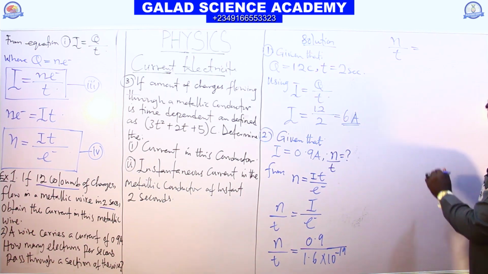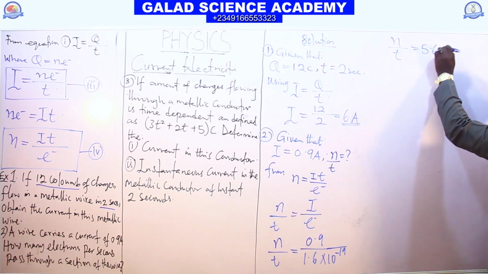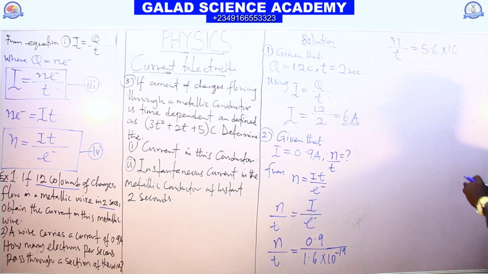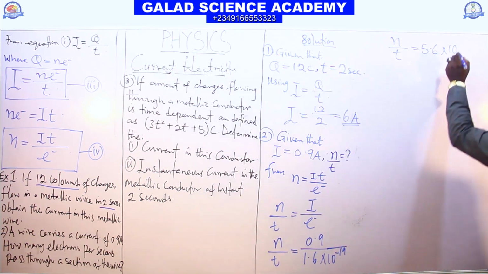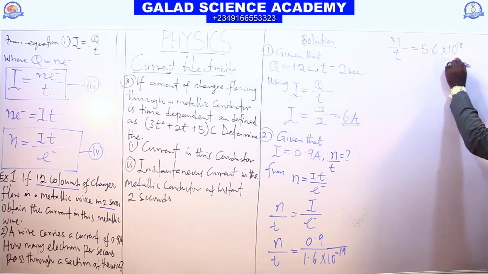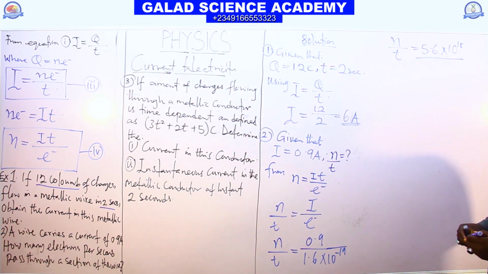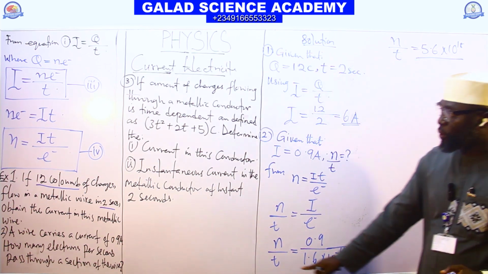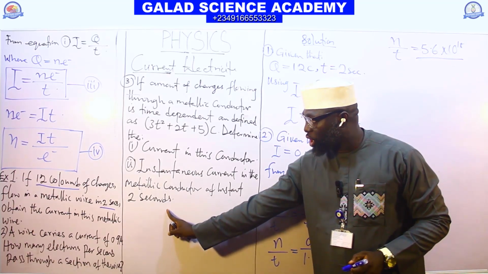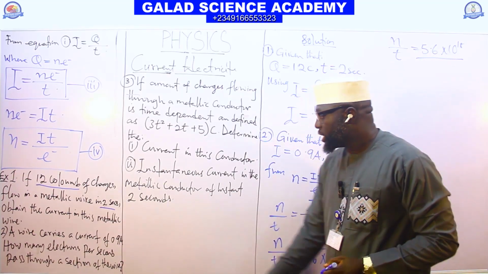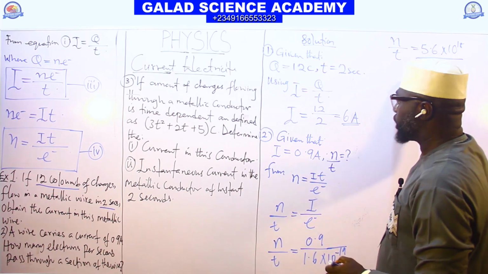It will be 5.6 times 10 raised to the power 18, by pressing 0.9 divided by 1.6. That's the answer for the second question.